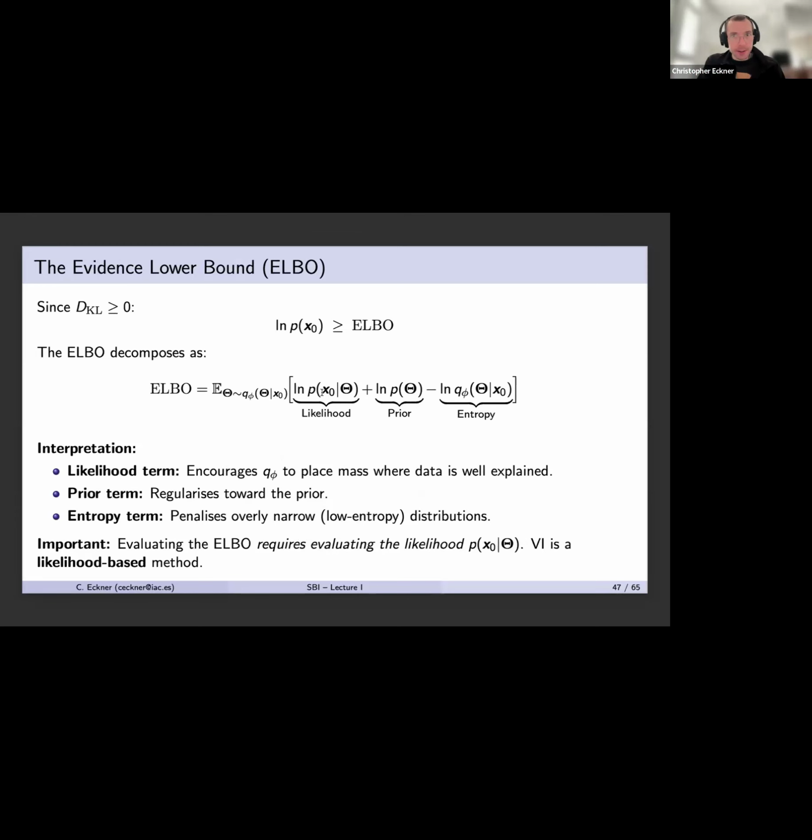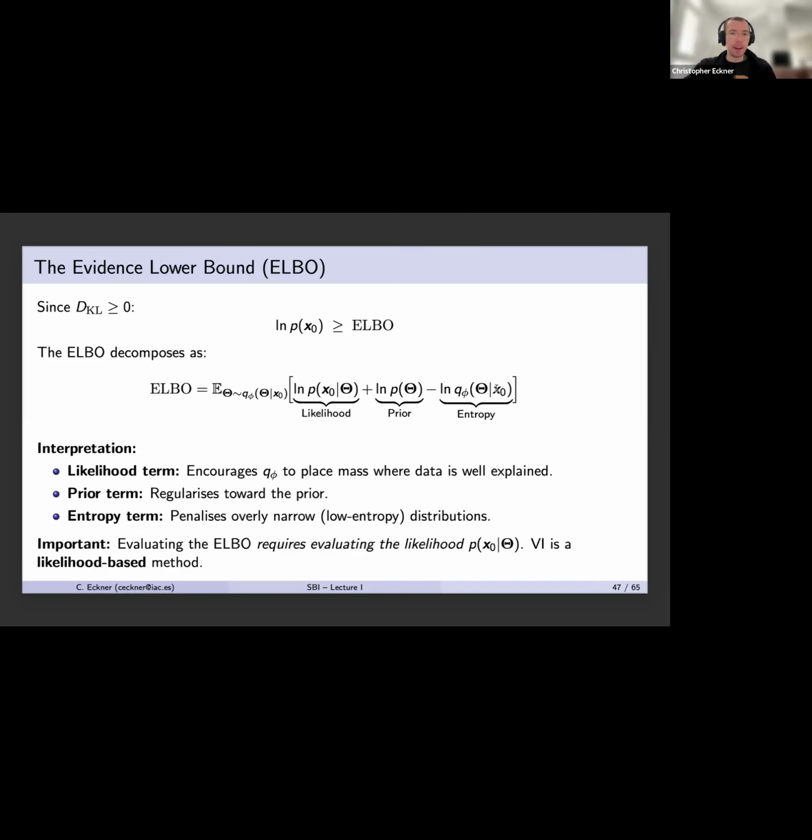So you have exactly this likelihood term, then you have the prior term of the ELBO, and something called the entropy. The entropy comes from your test distribution that you want to shape such that it best approximates the exact posterior you want to learn.